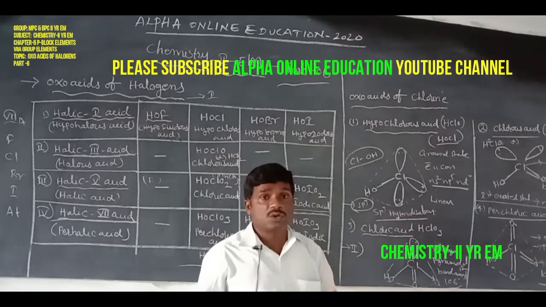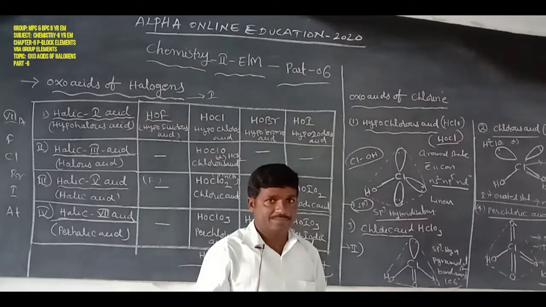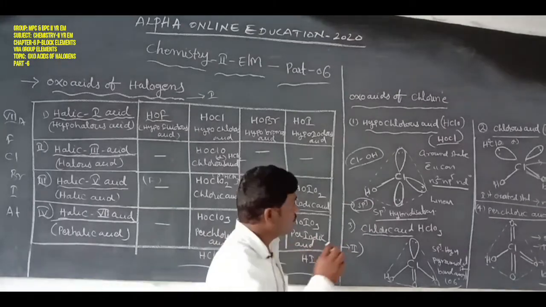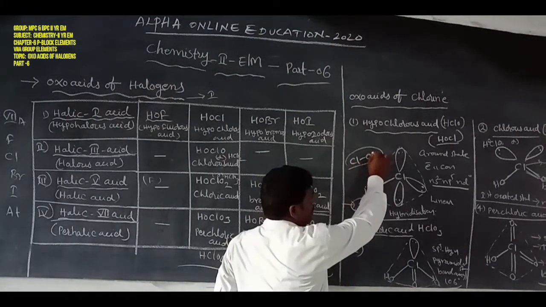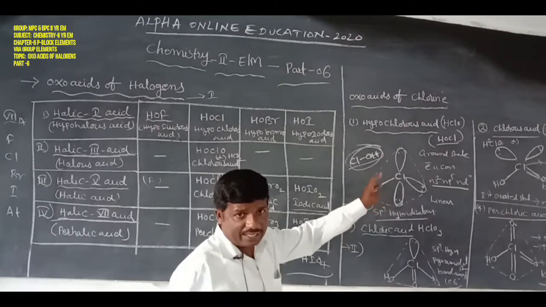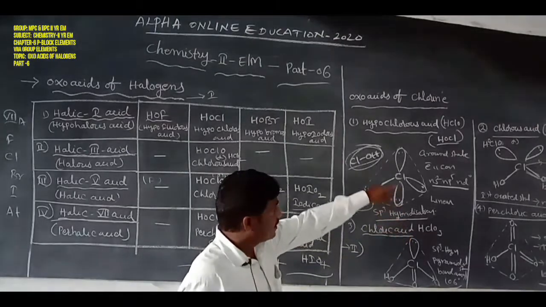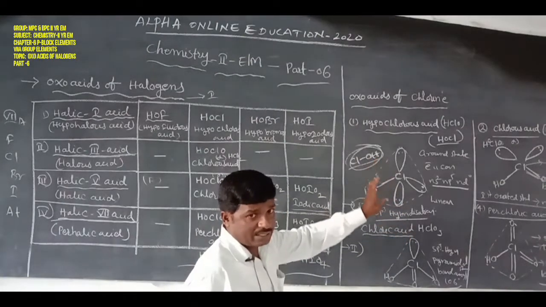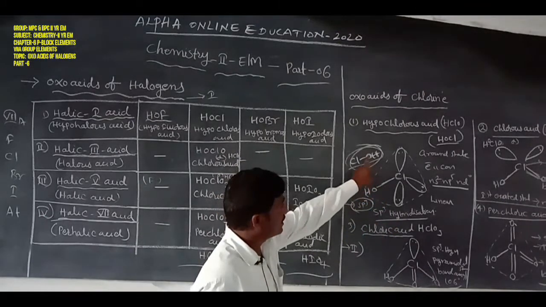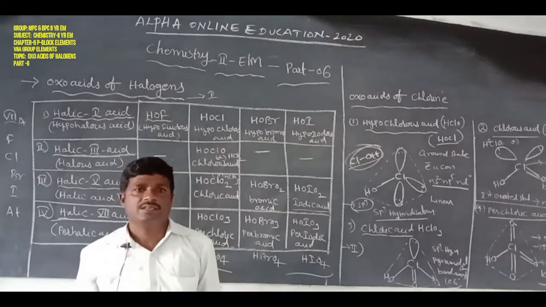All of them have one OH group bonded to chlorine, that is Cl bond OH. For example, hypochlorous acid, chlorous acid, chloric acid, perchloric acid. All four chlorine oxo acids have a single Cl bond OH.